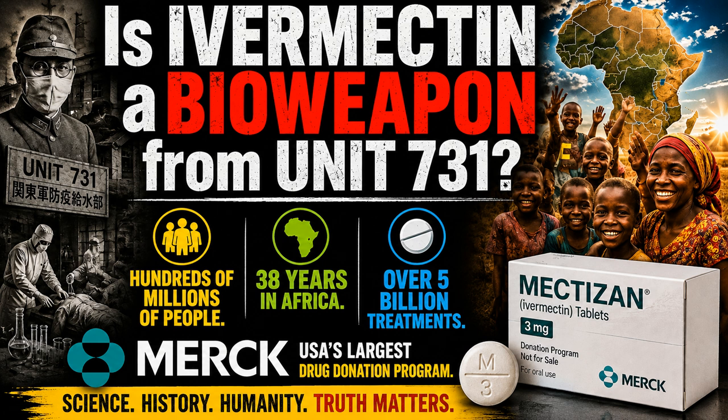So, most communities received ivermectin once or twice per year. Programs often continued for 10 to 20 years. In areas with very intense transmission, they sometimes continued for 25 years or longer. Why so long, you ask?